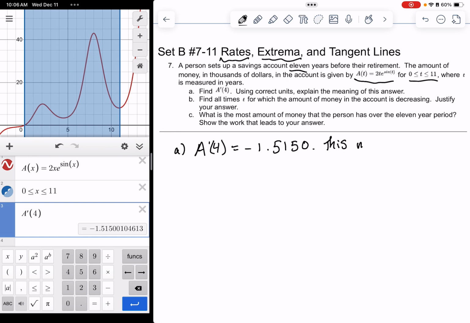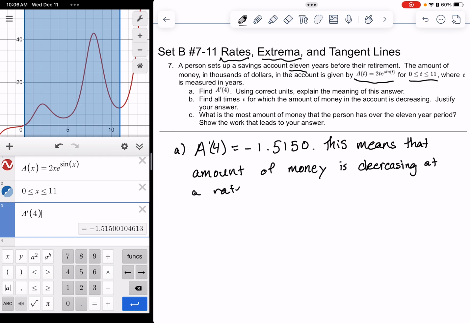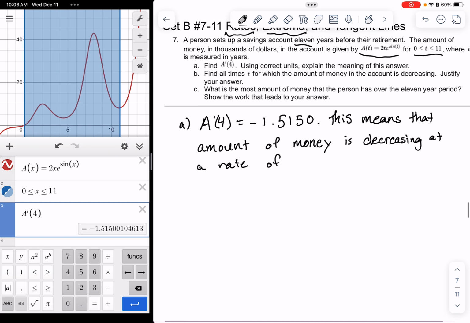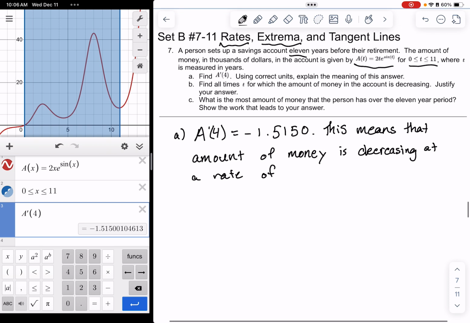This means that the amount of money is decreasing at a rate of, let's see, this is thousands of dollars, -1.5150 thousands of dollars.